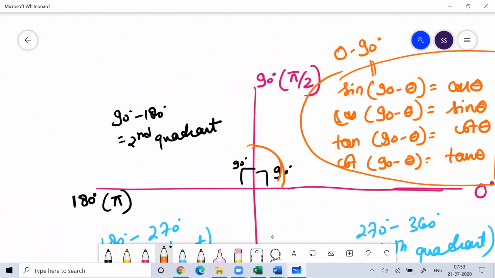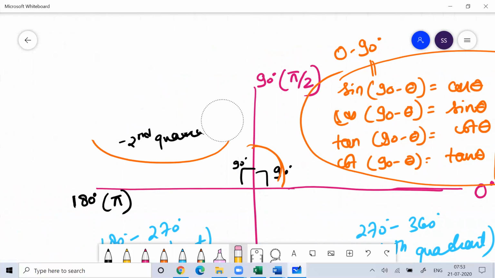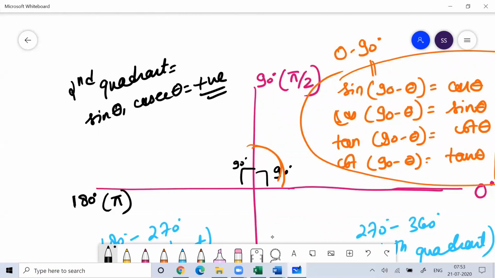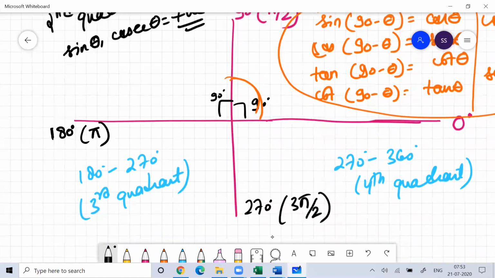While if you talk about an angle which is between 90 to 180 degree, you have to remember that in the second quadrant, sine theta and cosec theta are positive, and all the remaining will be negative if you convert them.